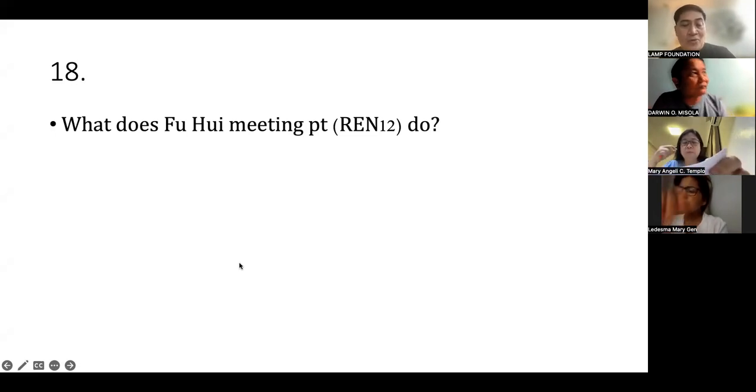Remember, the stomach and the spleen, they work together. Ang spleen naman, since it transforms and transports, what prevents it from doing so? Like, would it be healthy to be eating while watching TV? Would it be healthy to be eating while you're in front of the computer answering your emails?